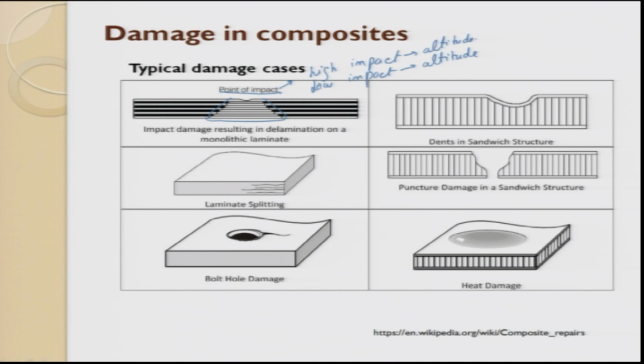Altitude is very important. Low impact, low altitude means the height is small and the weight is small, so damage will be less. Low impact, high altitude: the potential energy will be mgh, so h plays a very important role and it will create huge damage. The same way with high impact, low altitude. Then there is one more parameter, which is frequency.